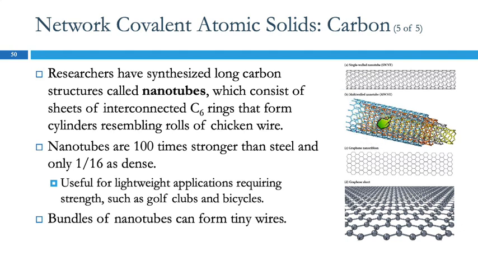You can make multiple nanotubes and nest them inside of each other. What's really awesome about this stuff is those nanotubes are 100 times stronger than steel and 1/16 as dense. So they're a lot lighter and much stronger.